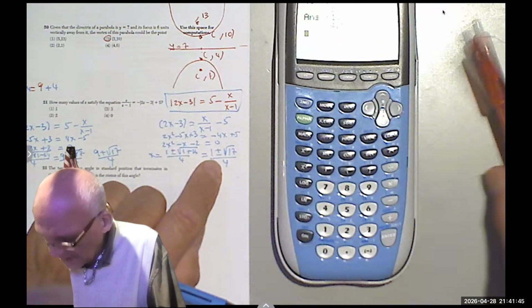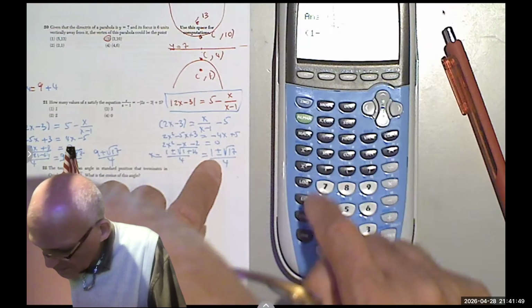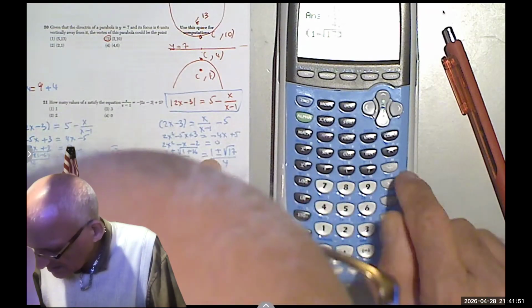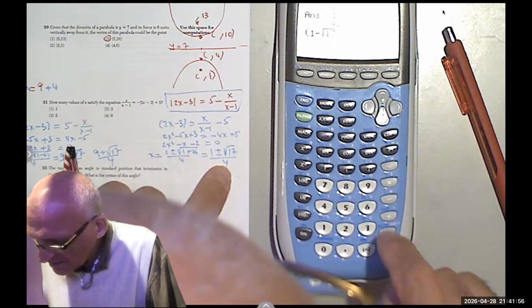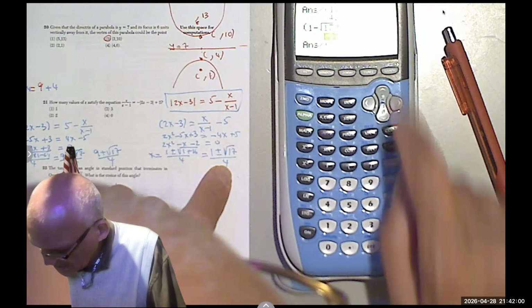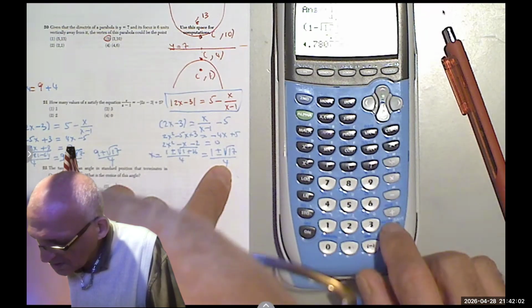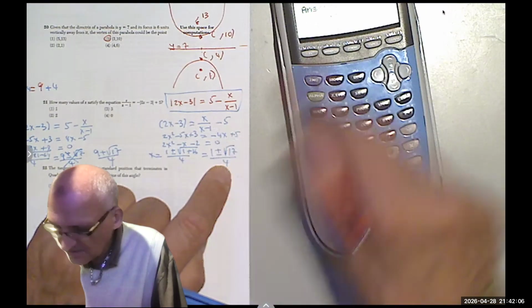And if it's 1 minus the square root of 17 over 4, and I divide that by this minus 1, I get 0.43. So again, 5 minus that is positive.